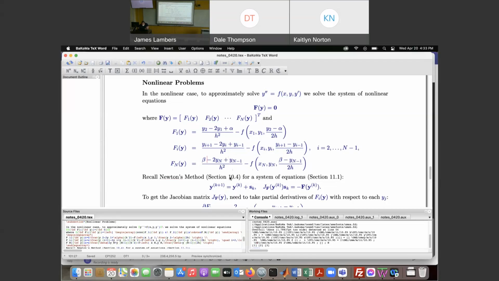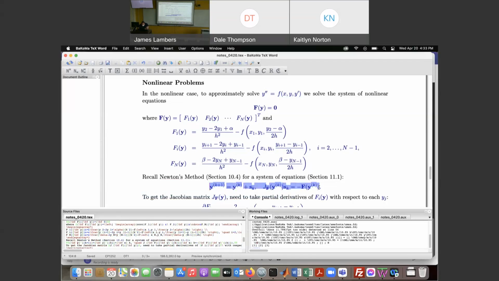So Newton's method for system of equations, here are the general formulas for it, that the new value is equal to a previous value plus this step. This step is obtained by solving this system of linear equations. Jacobian of F times your step equals minus the F value. So it's equivalent to minus f over f prime that we have in Newton's method for a single equation in chapter 10.